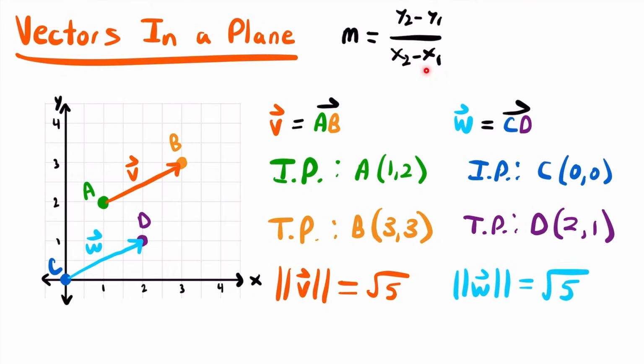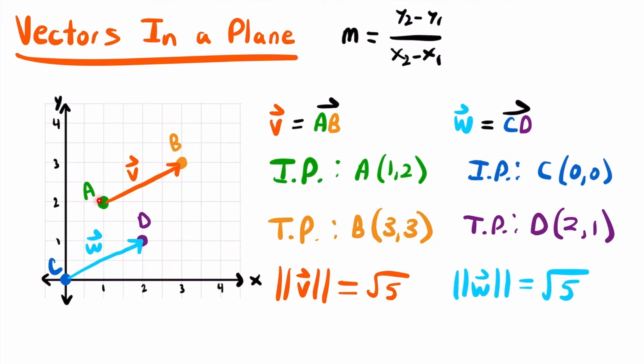Now we could go through and actually calculate this for both of these vectors using the x and y values for their initial and terminal points, but to make it a little bit easier on ourselves, since we have a nice graph here, we can just visually find the slope by counting the rise over run, right? So for vector v, our rise, or the change in y values, is just 1. We went from 2 to 3. And then the change in the x values, or the run, will be 2.